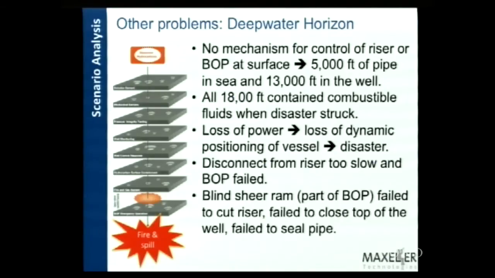The Deepwater Horizon problem. There was no mechanism for control of the riser or the blow-up preventer at the surface. So there's 5,000 feet of pipe from this floating vessel down to the floor, and then 13,000 feet of pipe to the actual hydrocarbons. So now, when things fail, you've got 18,000 feet of combustible fluids in a pipe that wide, coming at you at probably quite a good rate of knots.